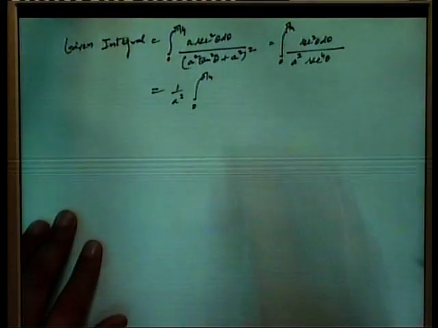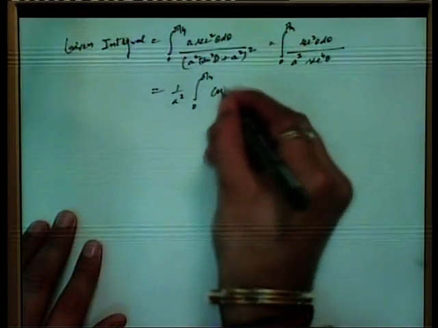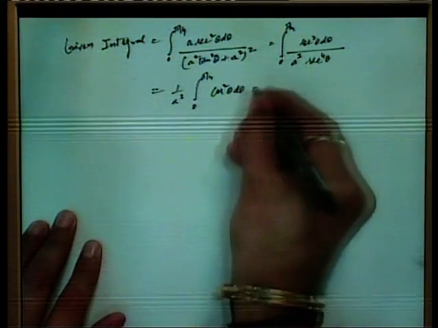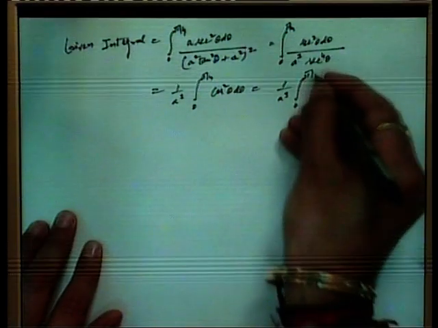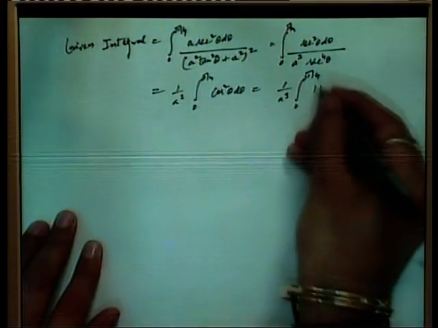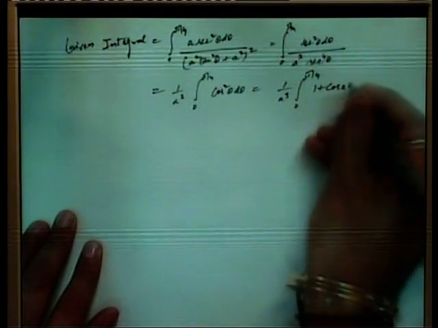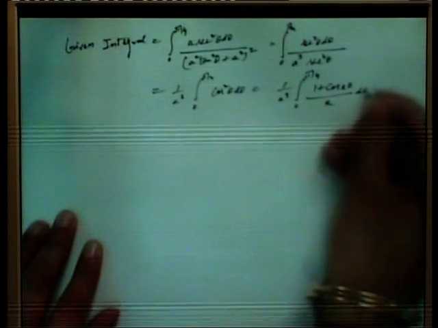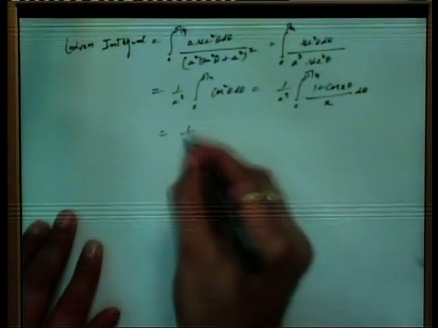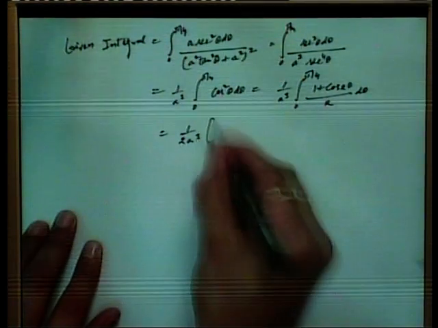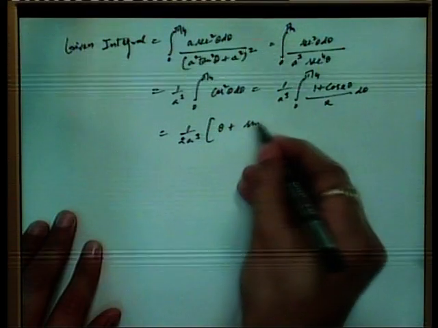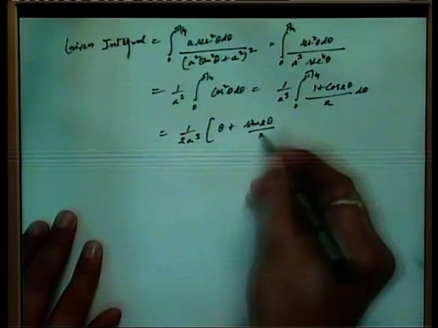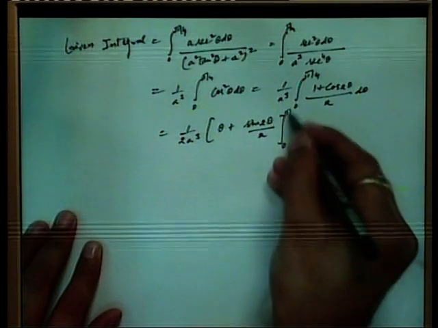Secant square cancels, and 1 over secant square is cos square theta d theta, which you can change by the double angle formula: (1 plus cos 2 theta) by 2 d theta. So this becomes 1 over 2a cube, the integration of 1 is theta, and the integration of cos 2 theta is sine 2 theta divided by 2, from 0 to pi by 4.